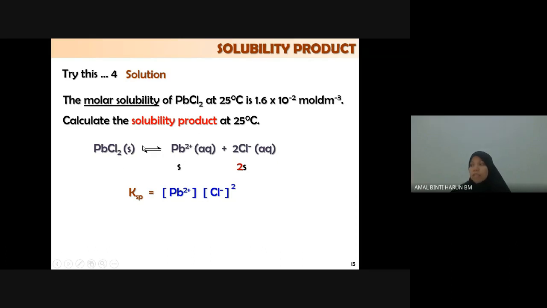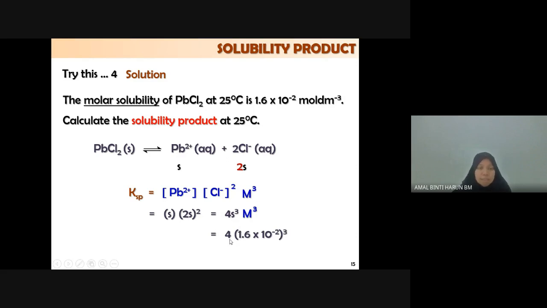So kita anggap solubility bagi lead chloride ni adalah S. So it will dissociate to form S molar concentration lead 2 plus dan 2S chloride. Substitute into the KSP expression. So it become 4S cube.